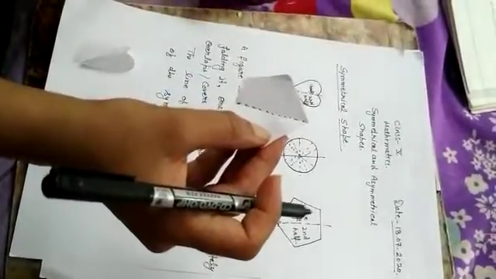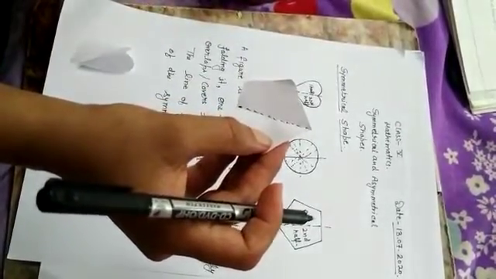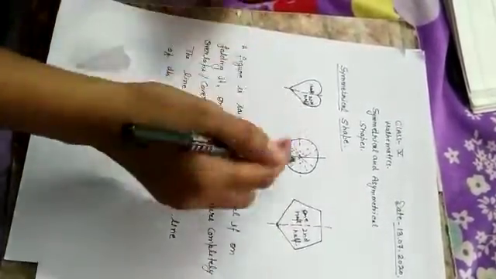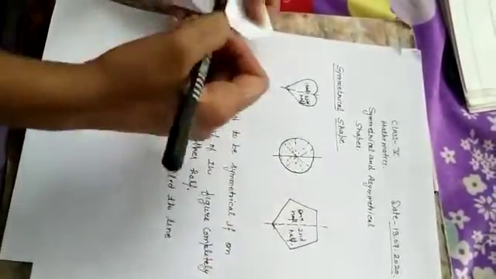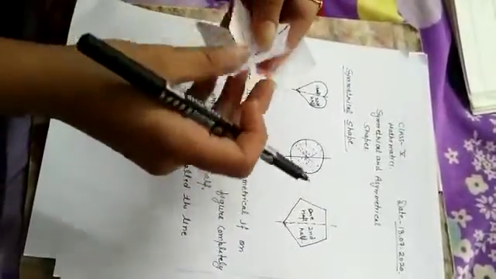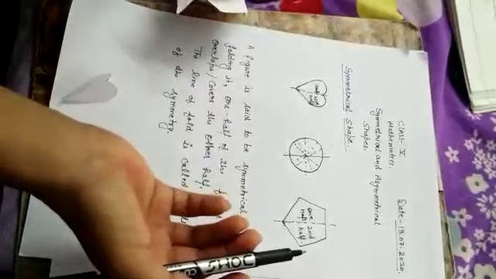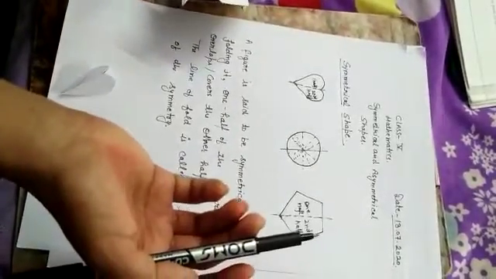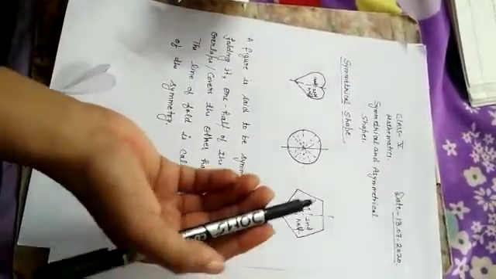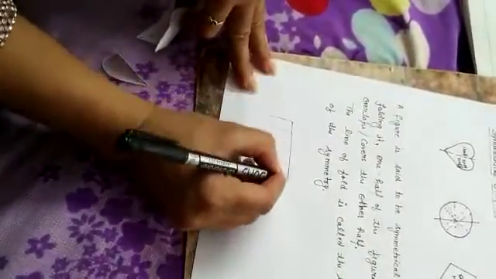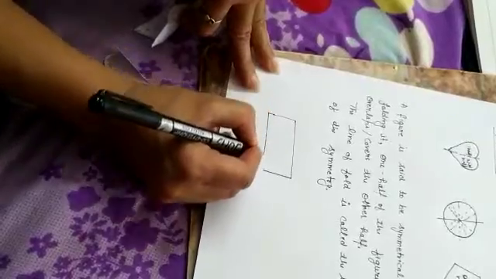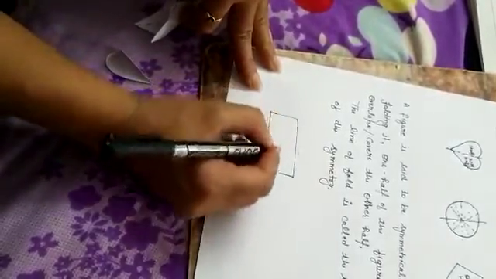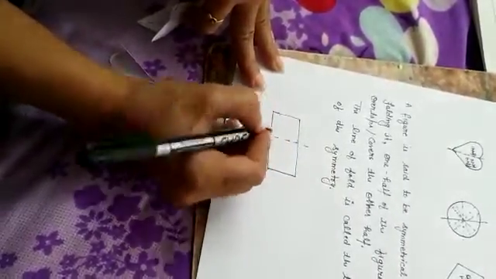Can a figure have more than one line of symmetry? Yes, a circle, a star and more figures have more than one line of symmetry. For example, a rectangle. A rectangle has two lines of symmetry.